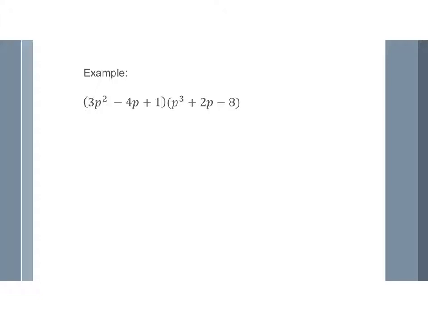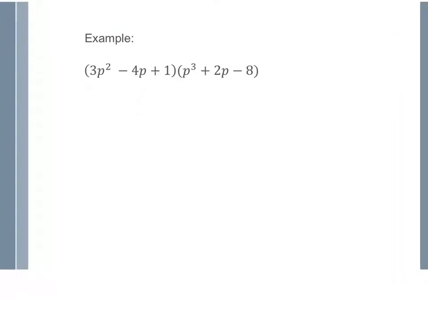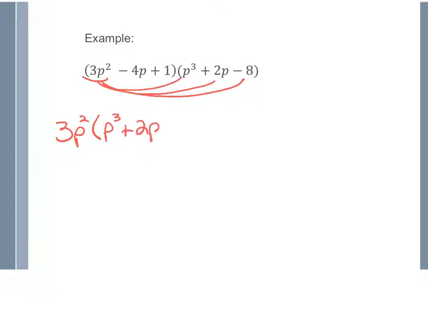Now, this time, I'm going to be multiplying 2 trinomials, but the process is the same. I'm going to take each term of this first trinomial, and I'm going to distribute it to the 3 terms here. So again, I could say it's 3p squared, and then I'm going to distribute it to the p cubed plus 2p minus 8.